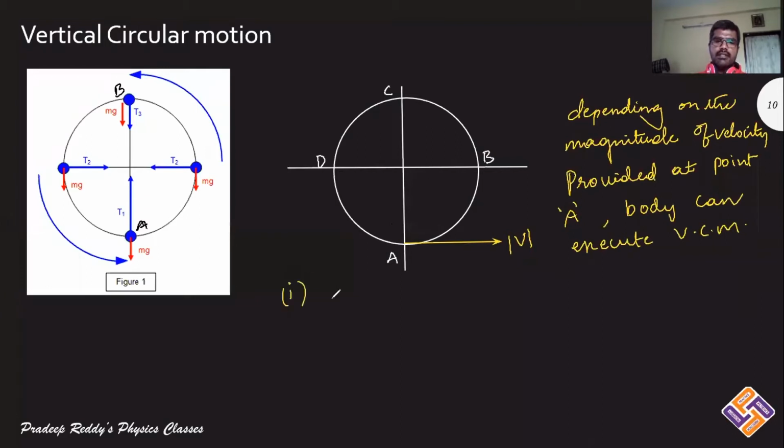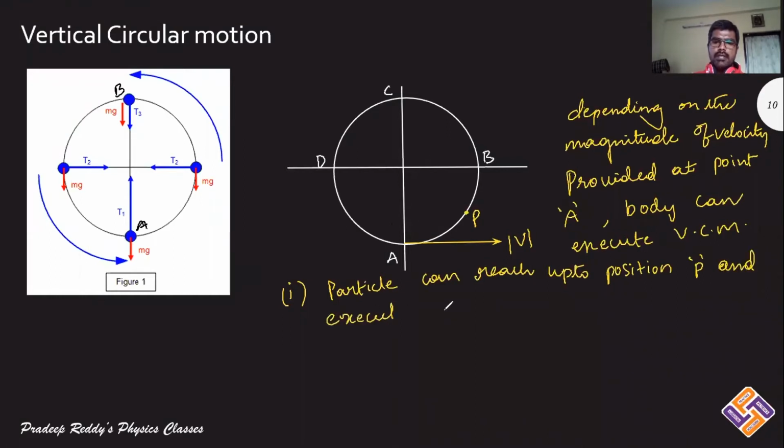First condition is that it starts at A and then goes somewhere in between A and B. It can go to this position P and then come back again. So the particle can reach up to position P and execute simple harmonic motion.